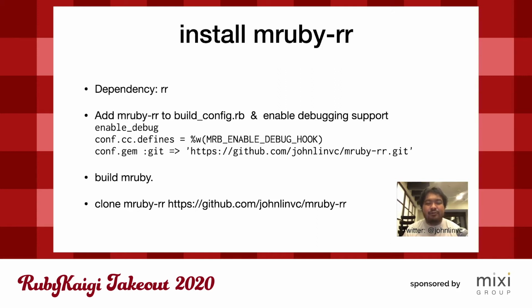And then add the mruby-rr repo to your gem. We need that because we need to set up the debug hook in mruby itself. And then you build mruby from source. Then you clone the mruby repo so you can have the debugger binary.